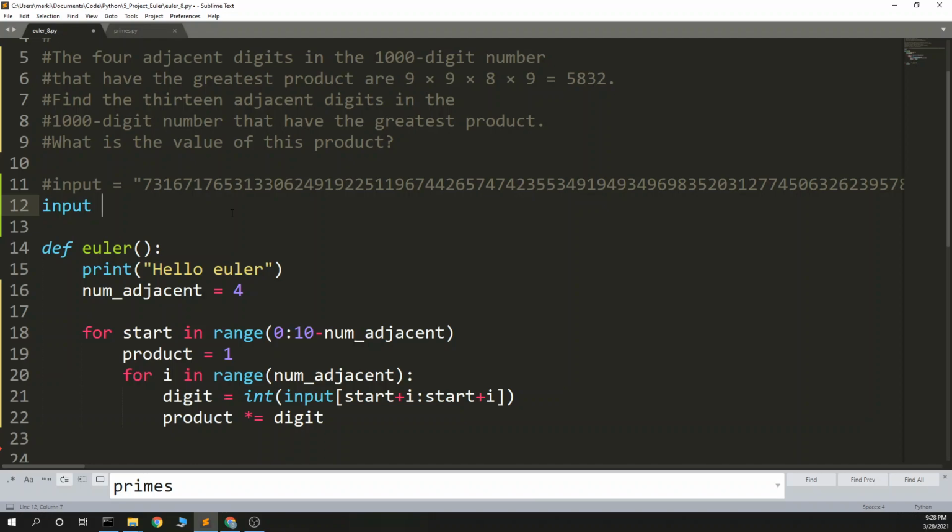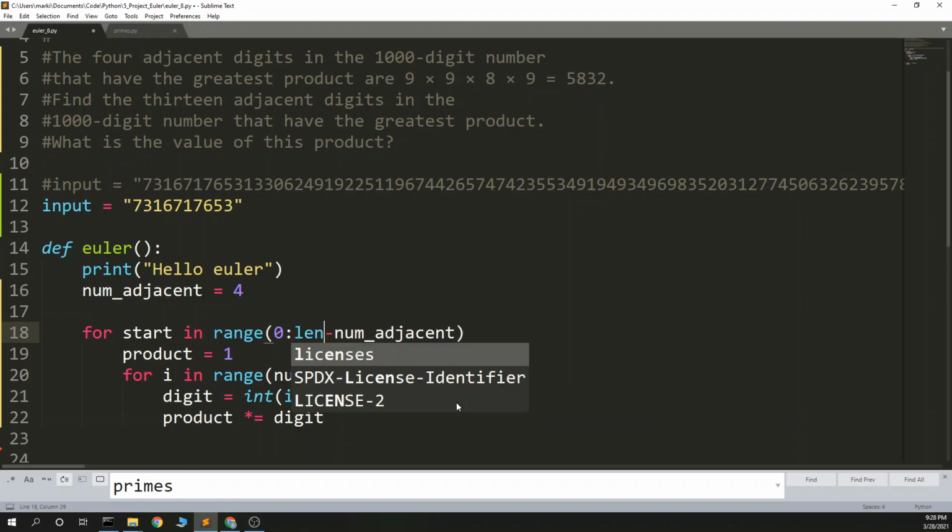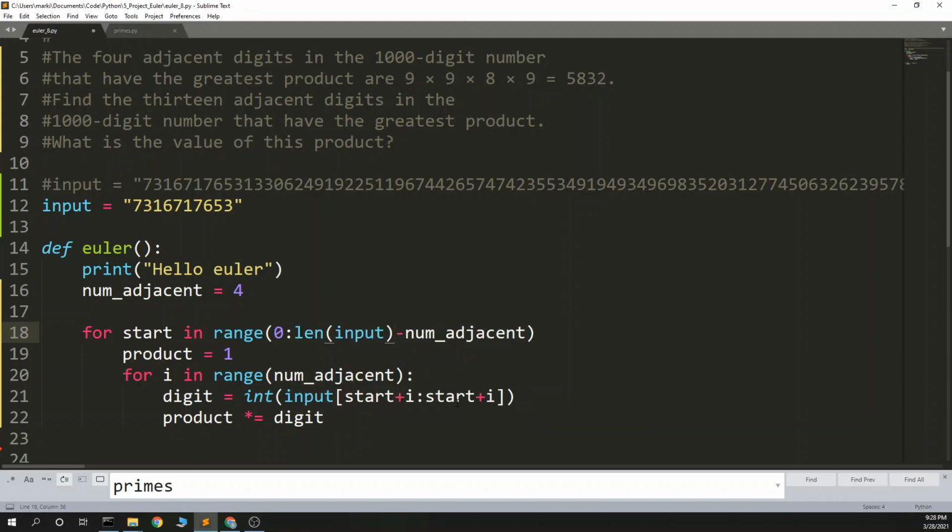Input equals that. So we think that the answer is going to be 7 times 3 times 1 times 6, or maybe probably 765. So let's see what numbers get printed out.